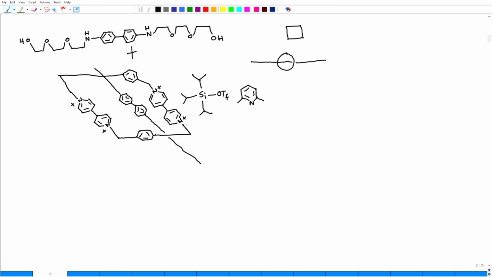It will react, because at the end what do I have? At the end I have OH and OH, remember. So, this will react in the presence of pyridine as a base, and it will come here, because tosylate is a good leaving group.